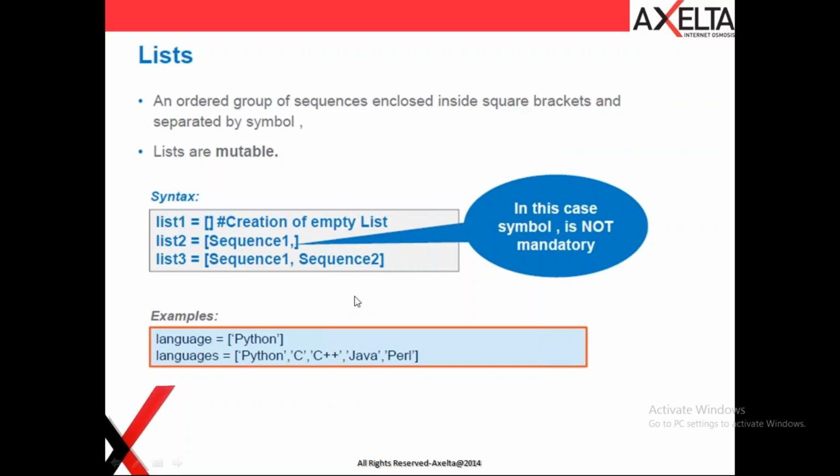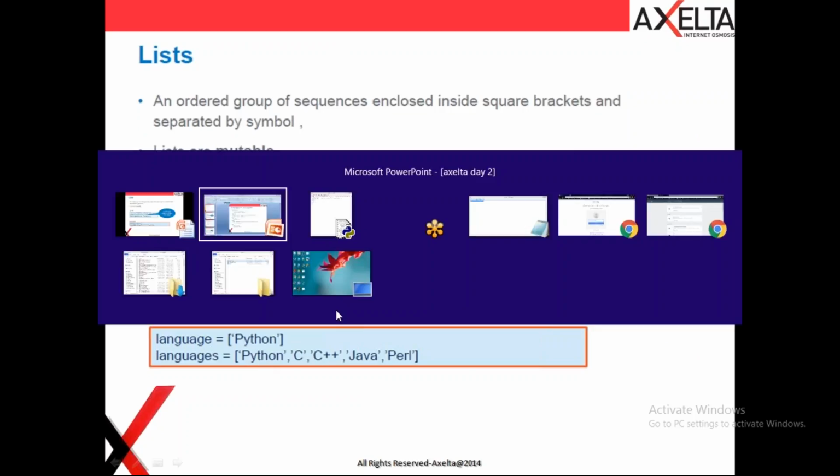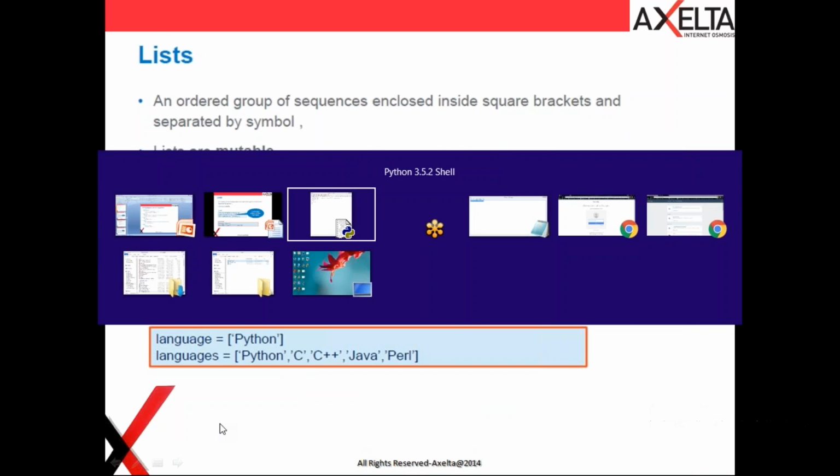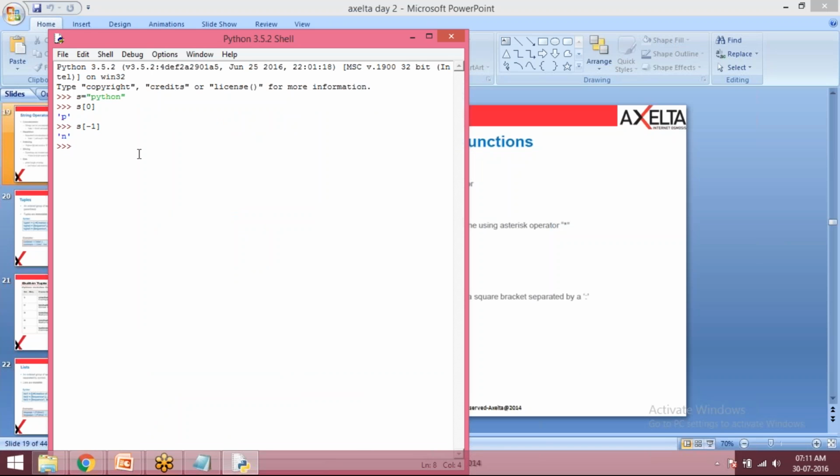So this is something about lists, and lists are mutable. What is mutable? See, in languages of 0 there is Python. I will do one thing. I'm creating one list. So list1 is equal to 1 comma a. Like that I created a list.